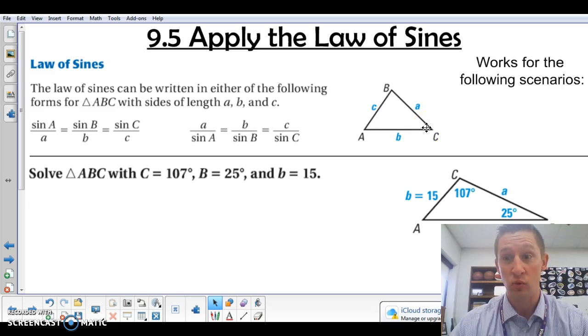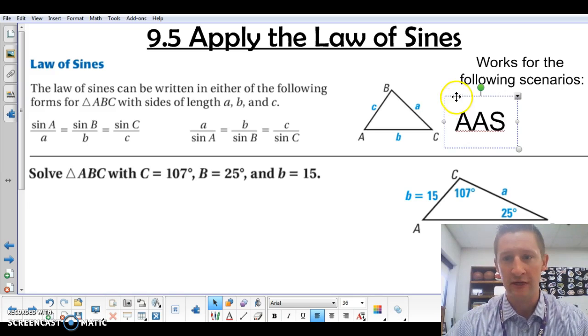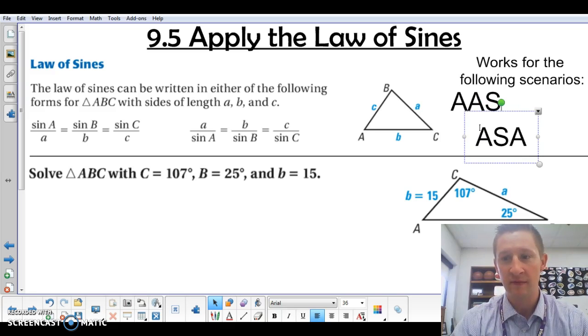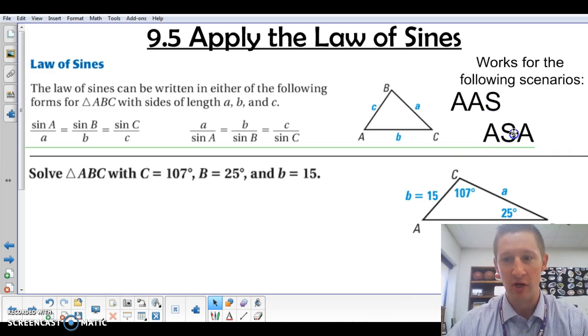Now, the law of sines works in a couple of different scenarios. First, it works in the angle angle side scenario, meaning I know an angle and another angle and a side. Also, it works in the angle side angle case or scenario. You're thinking, how are these two things different?